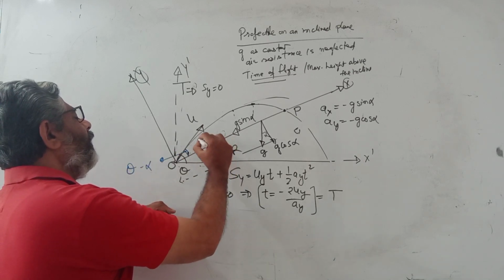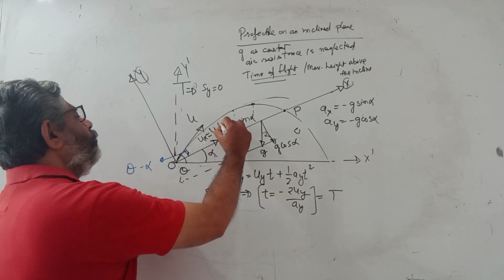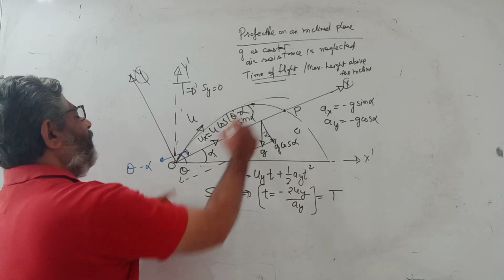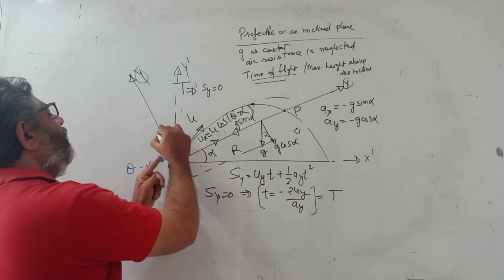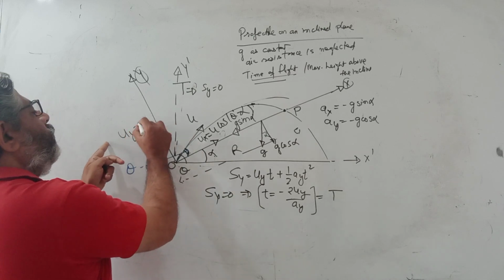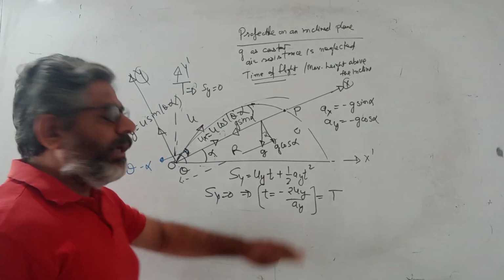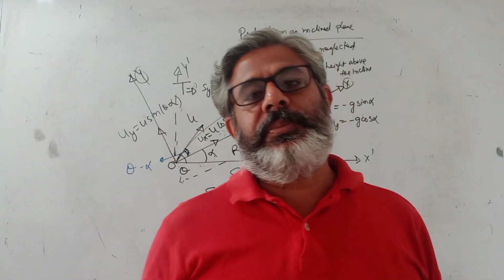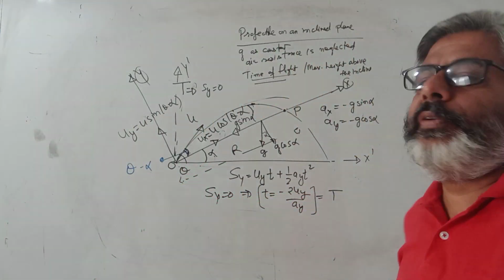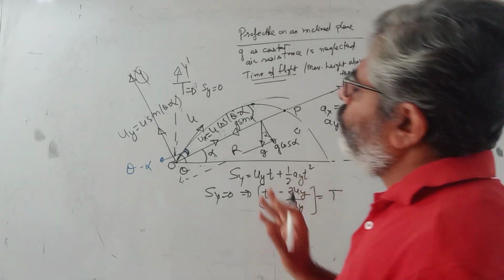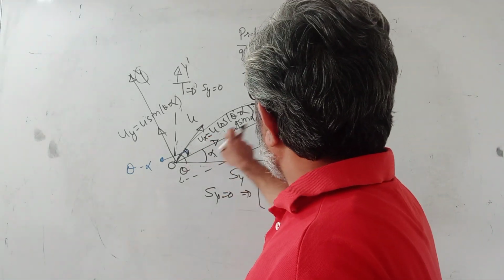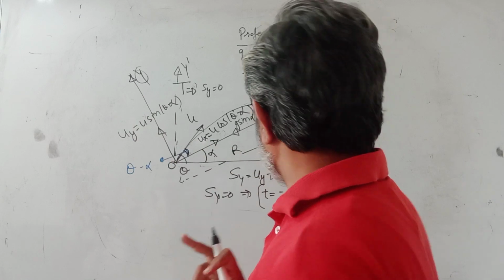So ux is u cos of theta minus alpha, meaning cos of this angle, and uy equals u sin of theta minus alpha. So more than remembering the results, see the analysis, because results may be difficult to remember for inclined planes. So don't remember it. This is u cos(theta minus alpha), u sin(theta minus alpha).